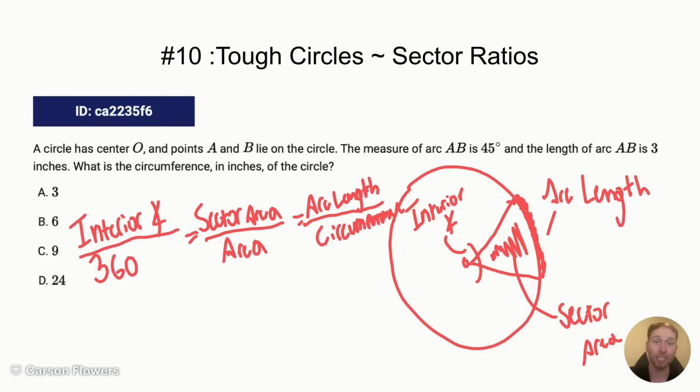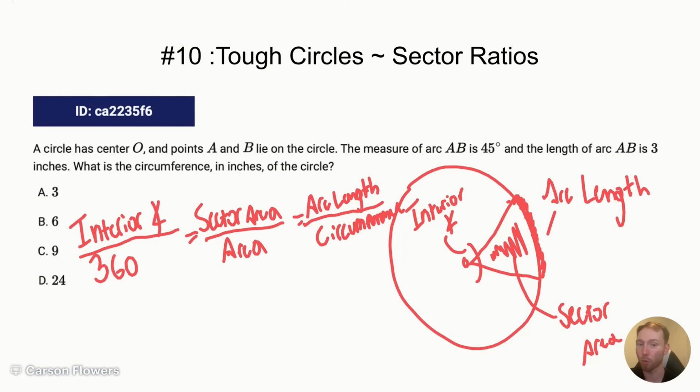So the interior angle over 360 is equal to the sector area over the area, which is equal to the arc length over the circumference. So if I'm given the interior angle and the sector area, I can find the area of a circle. Or if I'm given the interior angle and the arc length, I can find the circumference of a circle pretty easily through this relationship.